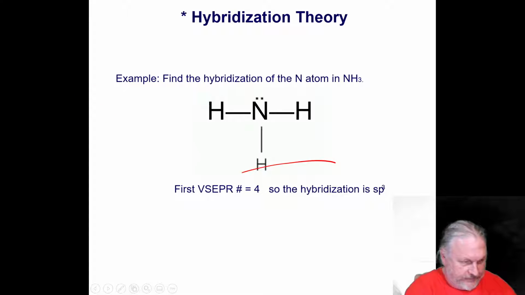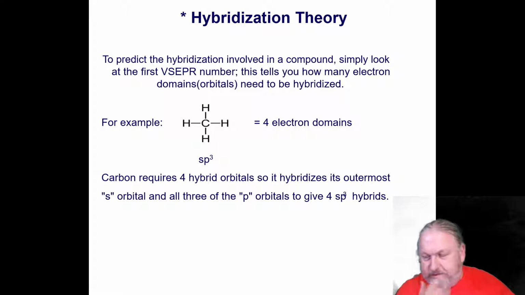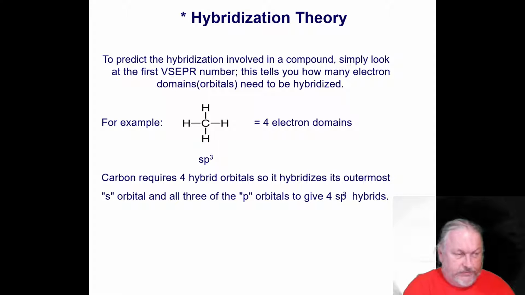It's got 4 electron domains, 4 bonded. So carbon is going to require 4 orbitals. So what it's going to do, the theory says, is hybridize the s orbital and all 3 p orbitals, and that's going to give us the 4 sp3 hybrid orbitals.